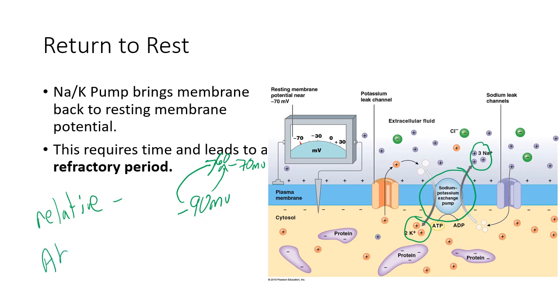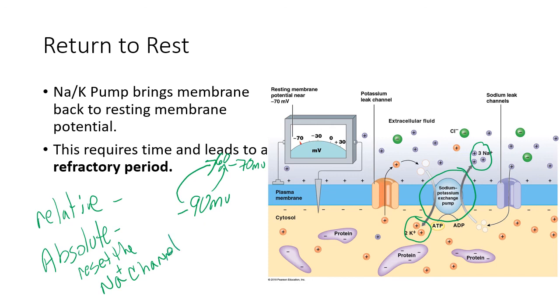But we also have an absolute refractory period. And in this one, no amount of stimulation is going to get us an action potential. In terms of that absolute refractory period, we have to reset the sodium channel in order to get into the relative refractory period.